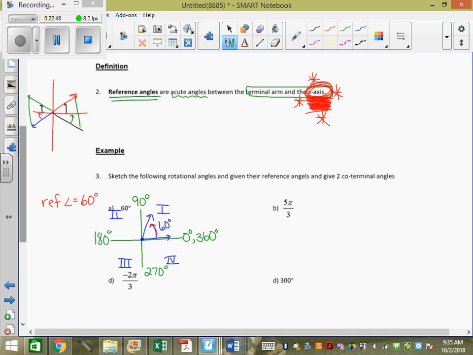Let's say I want to do coterminal. I'm going to do one positive, so it'd be 60 plus 360, because if I add another whole 360 to it, it'll bring me back to there again, right? So 60 plus 360 is what? 420.